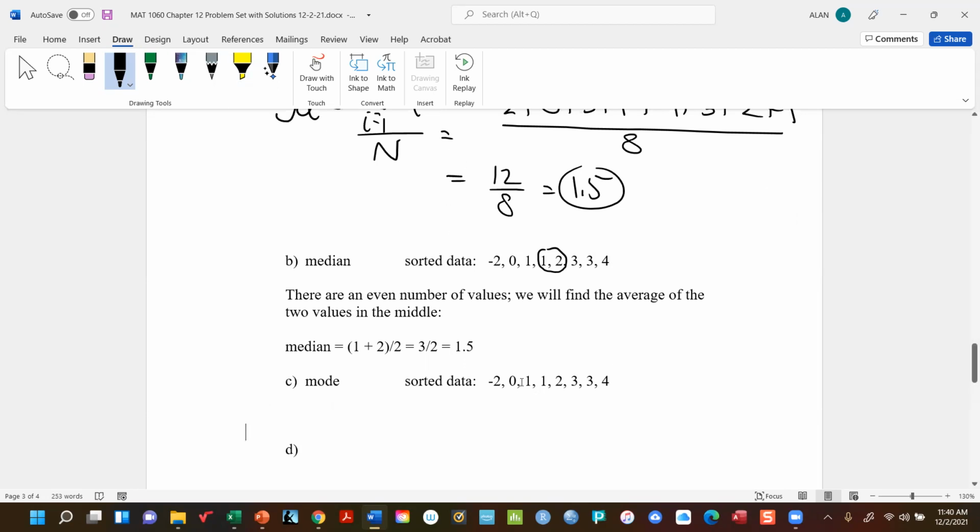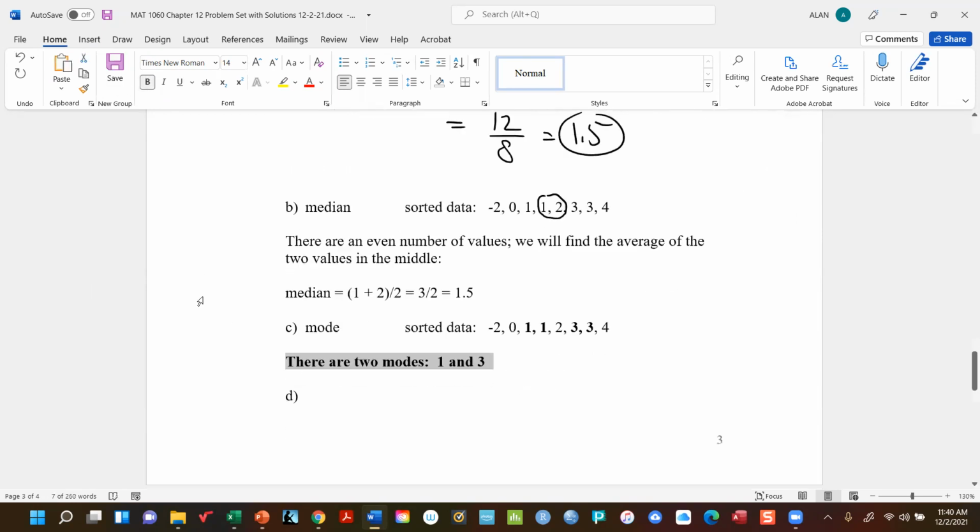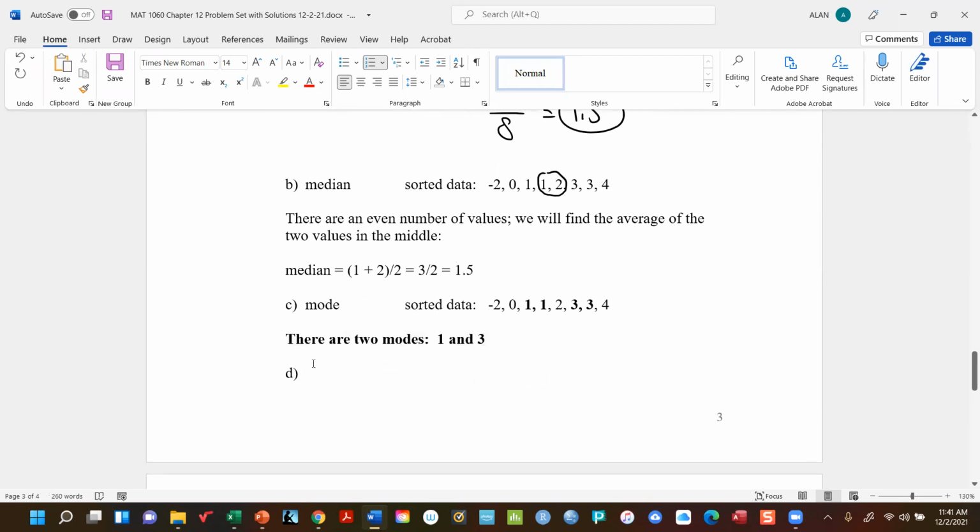There's not only a pair of 1s, there's also a pair of 3s. Just the opposite of what we had before. So in this case, there are 2 modes, 1 and 3. And that's something you expect to run into once in a while. There can be 2, which is unusual. Most of the other measures, there's only 1 possible value.